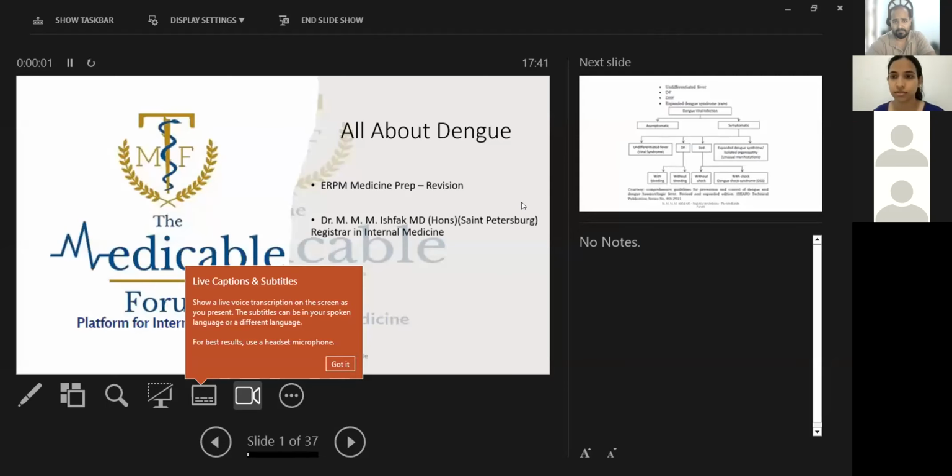Now, just let me know if you can see the screen. Right. So, how do you see the screen? Do you see it like a full screen slideshow, or do you see it like a presenter view? I'm just curious. How do you see it?